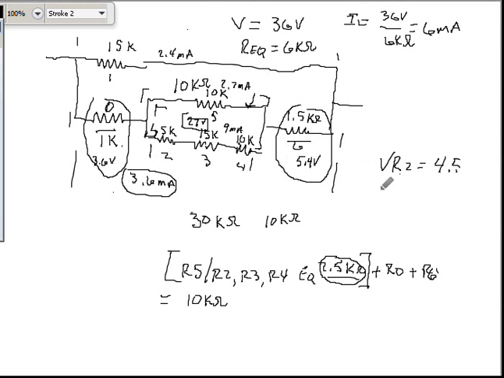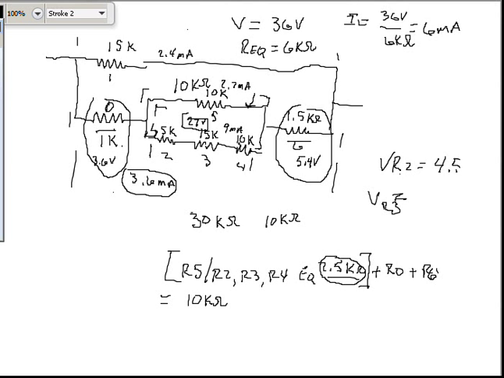Yes, I did. Okay. VR3 is going to equal 9 milliamps times 15K. Oops. What did I say? 3.6 milliamps.